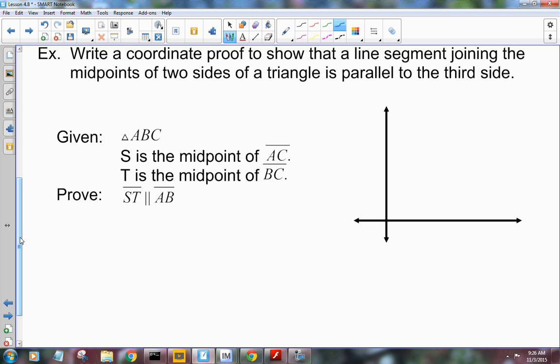They never cross into each other, yes. But in regard to coordinates, what ensured it happened? They had to have the same slope, right? So what we need to do is look at the slopes, okay, and determine if they have the same slope, okay? Now, we have triangle ABC, and I'm going to put it in the first quadrant, okay?